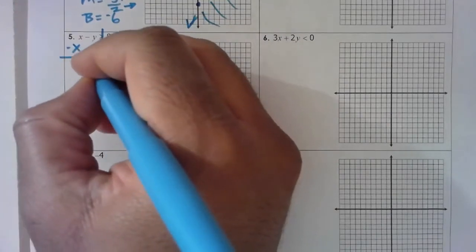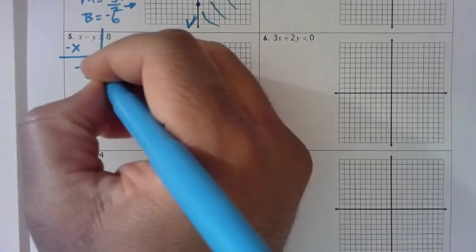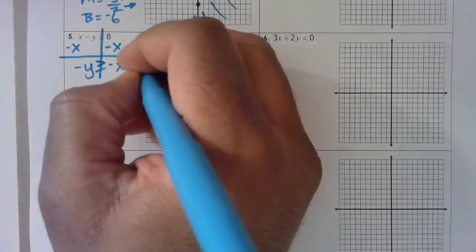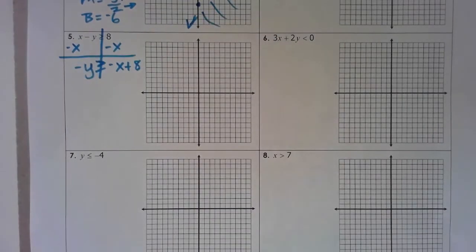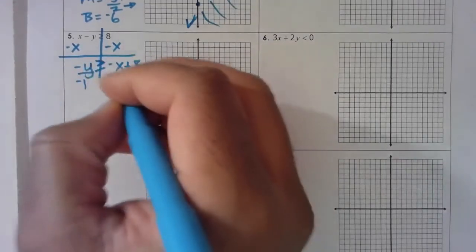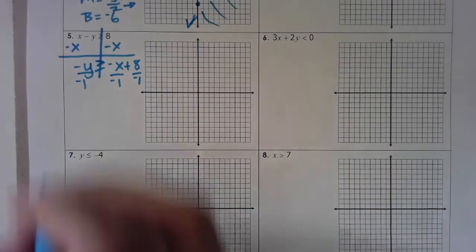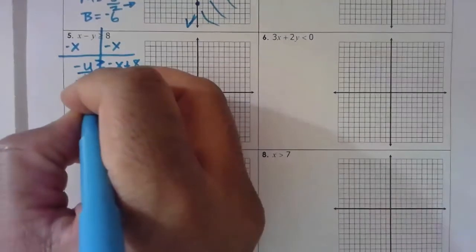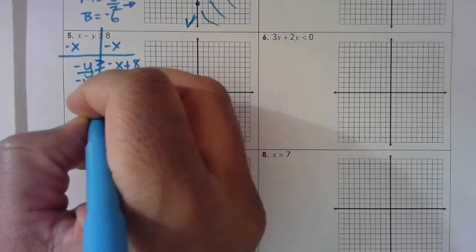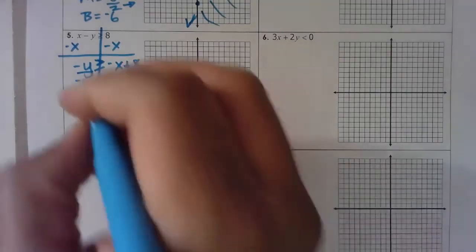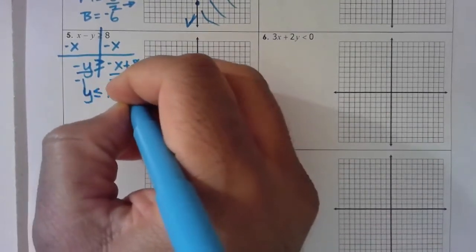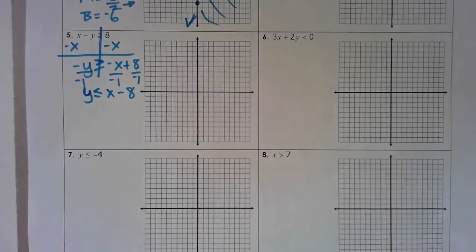And then I'll have a negative y is greater than or equal to negative x plus 8. Now, I can't keep that negative y, so I'm going to have to change that here. So I'm going to divide by a negative 1 here. Danger, danger. Once you divide by negative, you're going to have to flip that sign here. So now I'm going to have a y less than or equal to a positive x minus 8 here, okay?